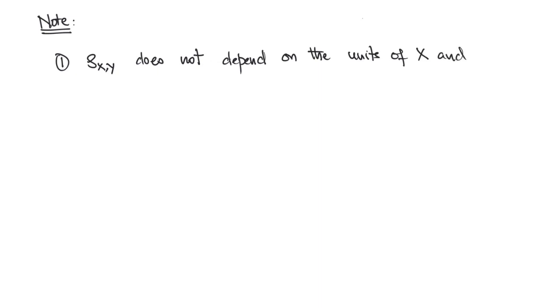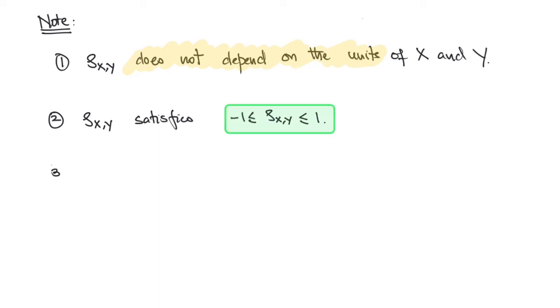Some things to note over here are that the correlation coefficient does not depend on the units in which the random variables x and y were measured. The correlation coefficient will always be a number that lies between -1 and 1.